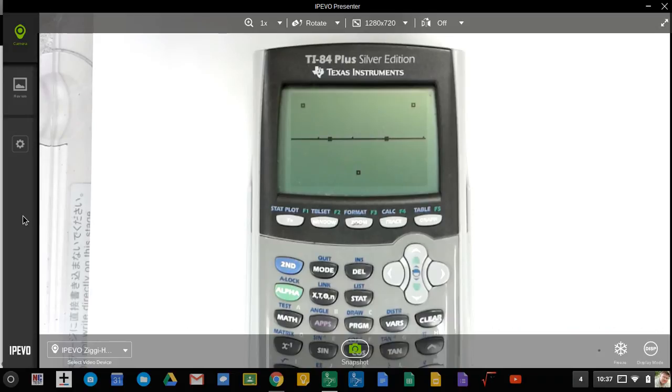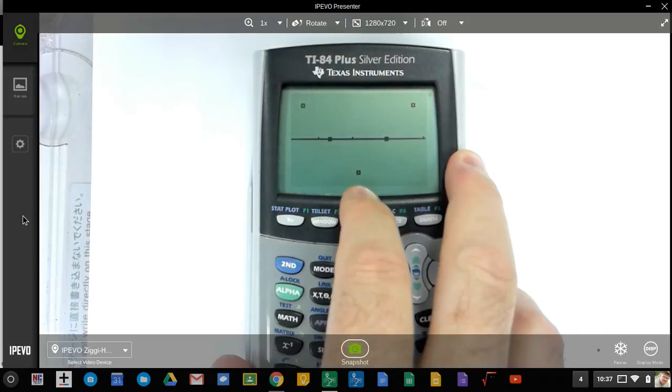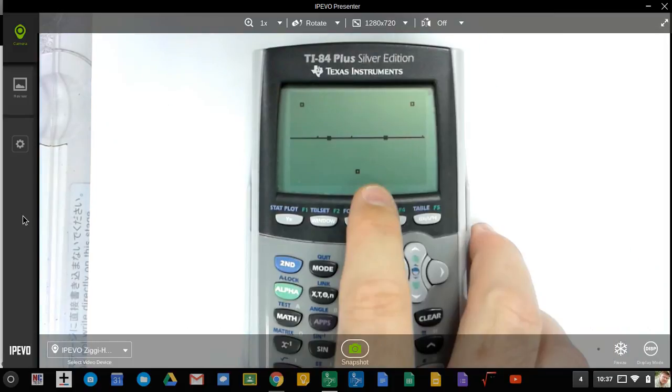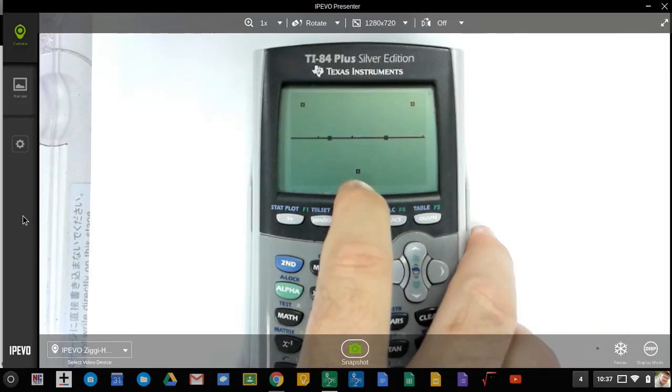Yeah, so what is that point right there in the middle? Imagine a curve going through all that. The minimum, thank you. So your low point, right? Yeah, that's what I'm saying.